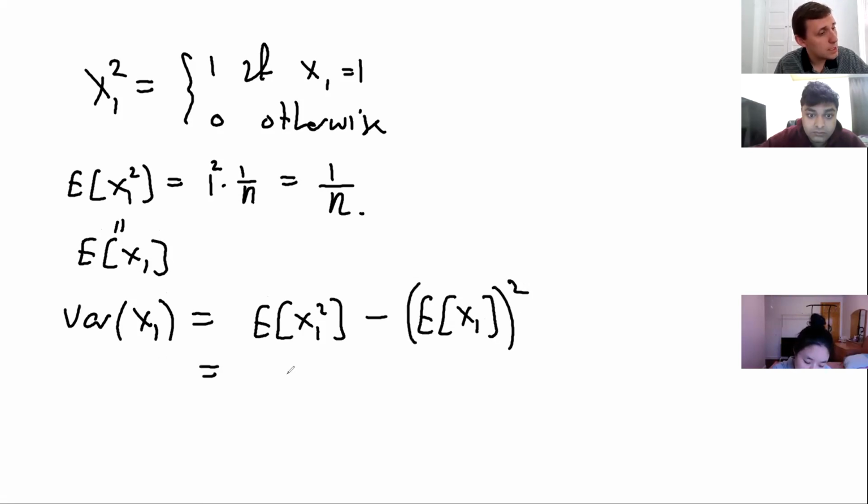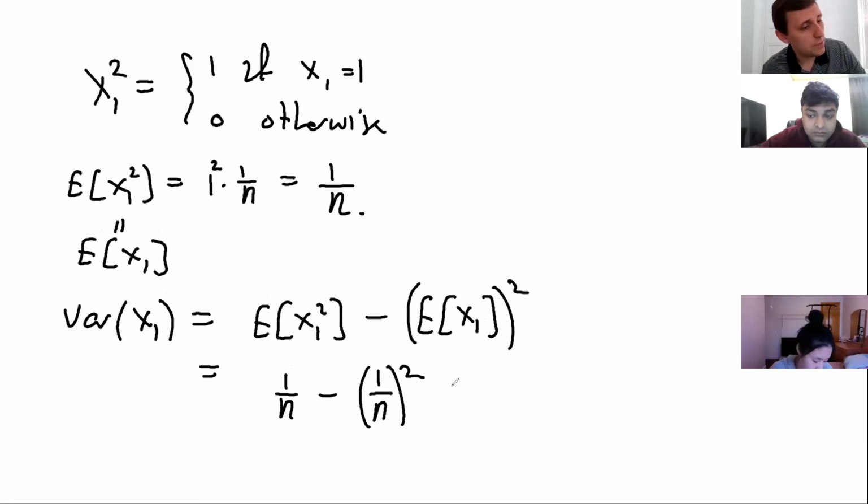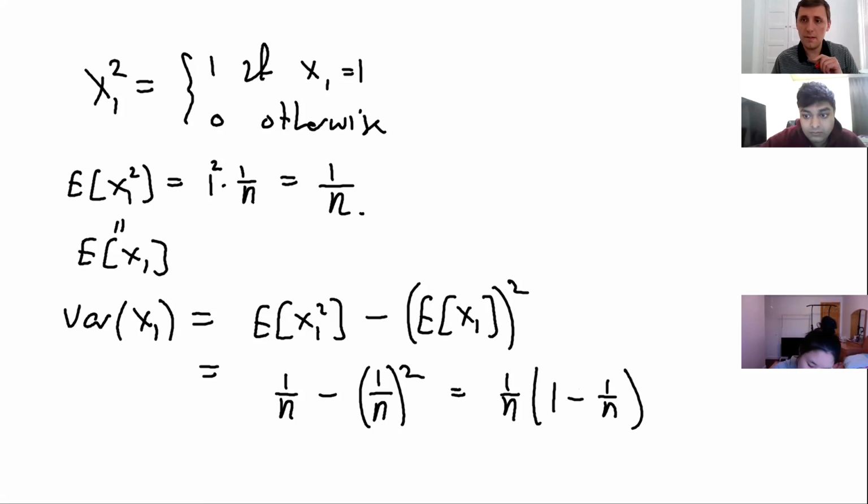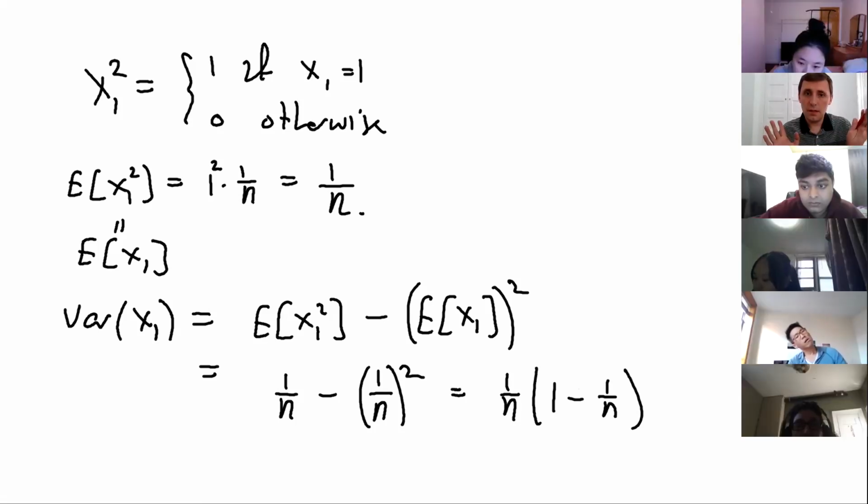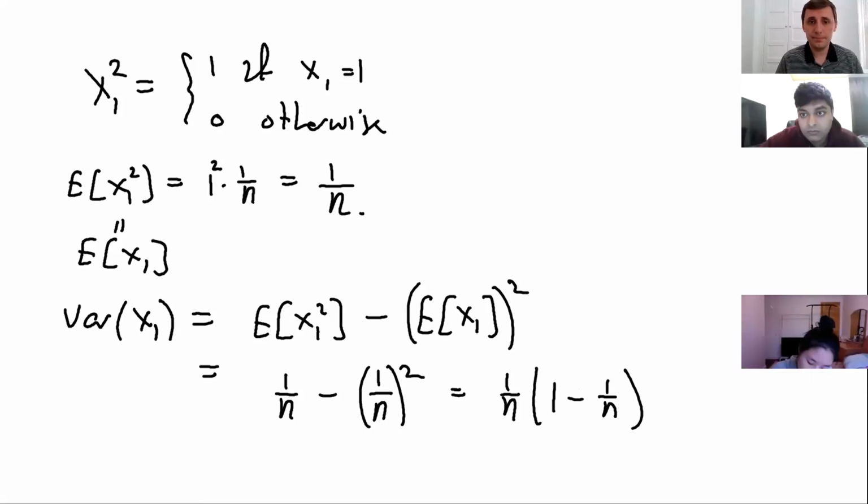So it is 1 over n minus 1 over n squared, which, if you prefer, you can write as 1 over n times 1 minus 1 over n. Agreed? Yes? Wonderful. Not 1 over n squared, 1 over n.